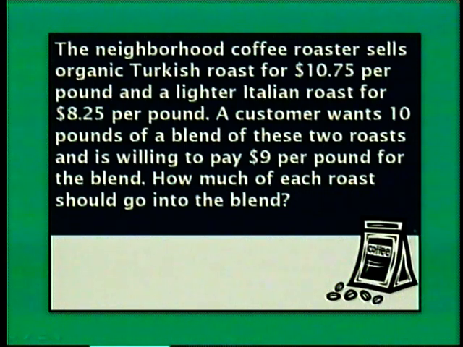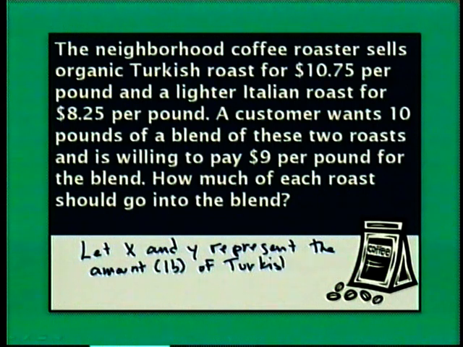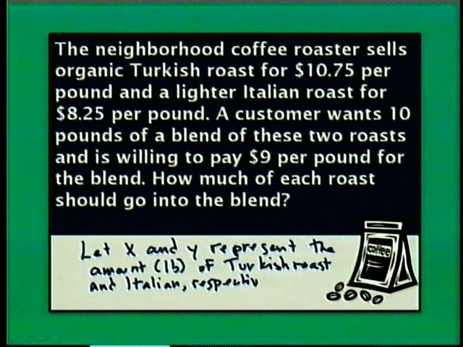My two unknowns here are the amount of each type of roast going into the blend. So I'm going to let X and Y represent the amount, and I'm measuring the quantity in pounds here, of Turkish roast and Italian roast, respectively, in the blend.